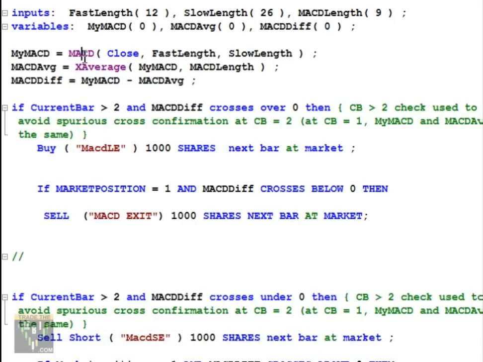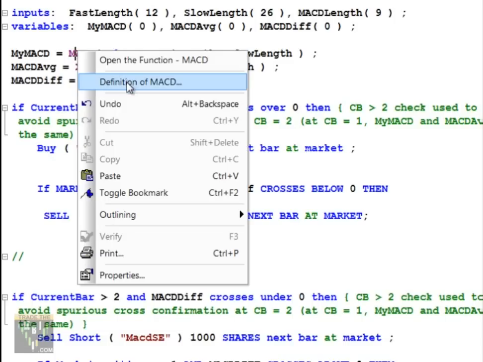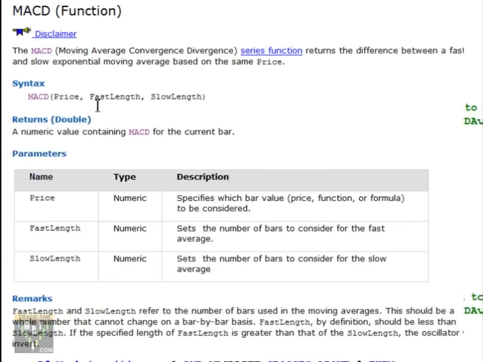And when it comes to MACD, there's a function. If we right-click in TradeStation and click the definition, it will take us to an actual definition of that function and how it multiplies those various moving averages within that function.